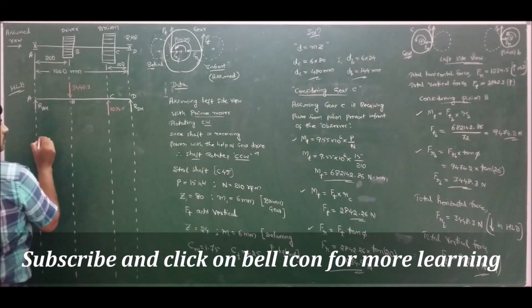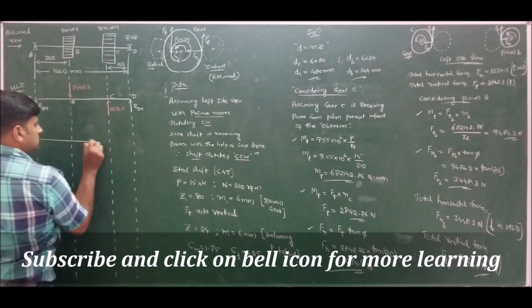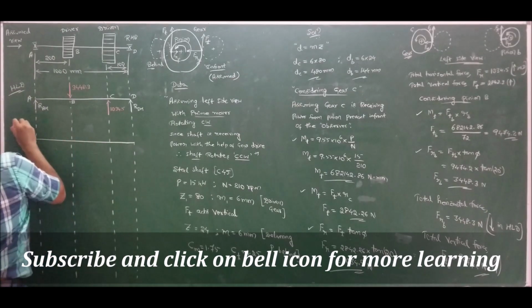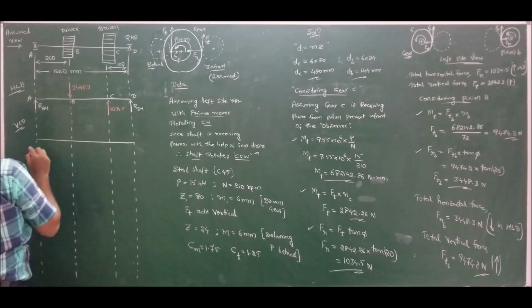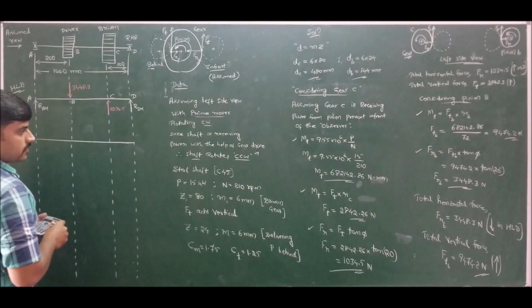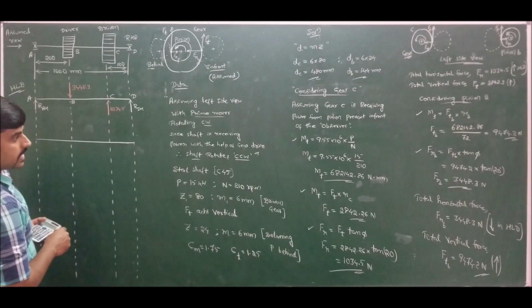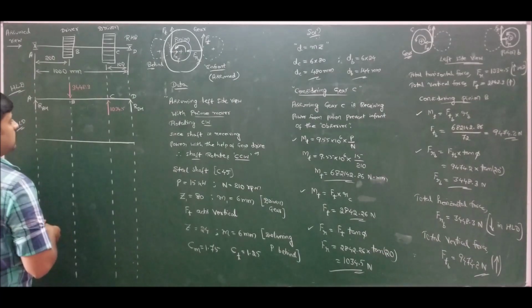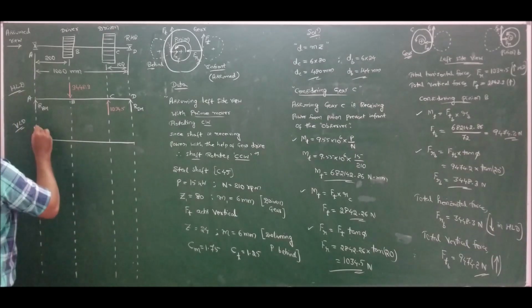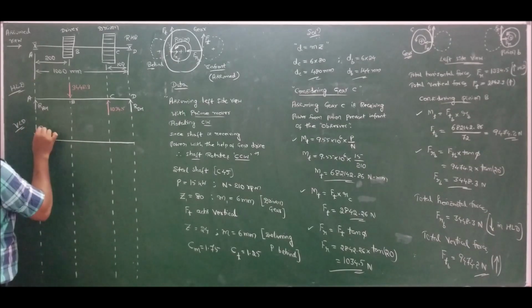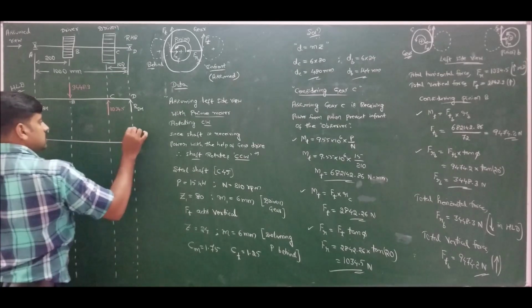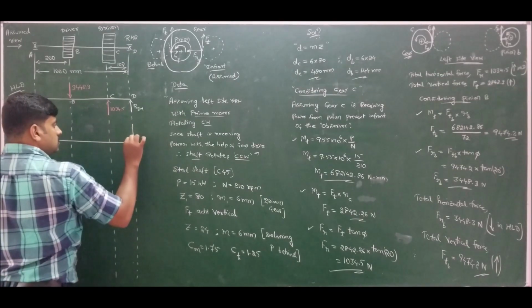Now if I consider vertical load diagram, that is VLD, we have both the forces of pinion and gear acting vertically upwards. So therefore the reactions should be obviously vertically downwards, RA vertical and RD vertical.